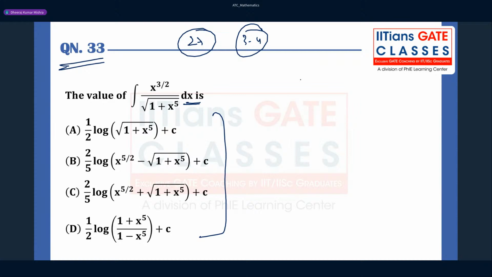So this is a very good question that you guys can solve. These kinds of questions you will find on the net also, so I will solve it for you so you can learn from this question. Let us take this question. This integral is given, x to the power 3 by 2 upon square root of 1 plus x to the power 5 dx.